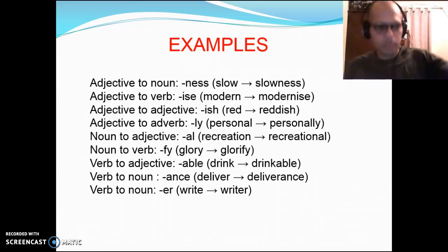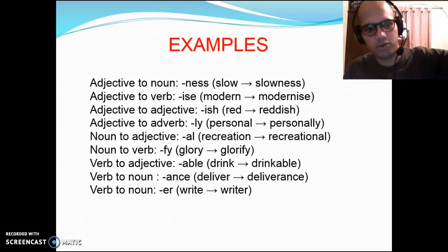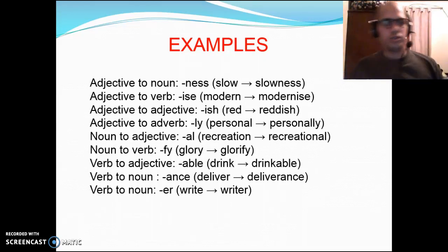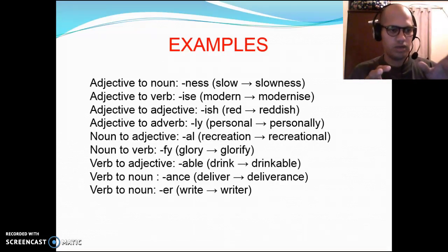Examples. Okay, right now we're going to give you some examples to determine the derivational patterns and their suffixes. Okay, we get -ness. For example, adjective to noun, -ness: slow, slowness. Adjective to verb, -ize: modern, modernize. Adjective to adjective, -ish: red, reddish.